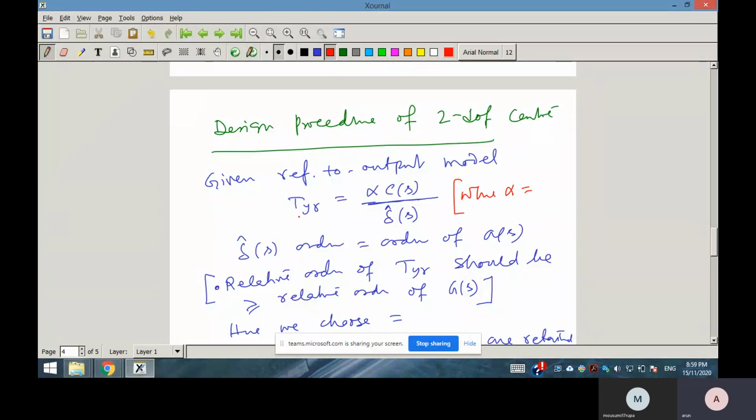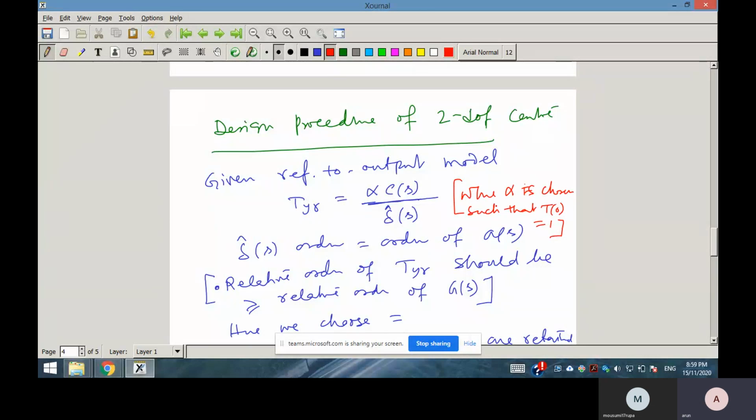For step input tracking, T_YR(0) should be equal to 1. So what should alpha be? Alpha is chosen such that T(0) equals 1, so that you get steady state tracking with respect to a step input.